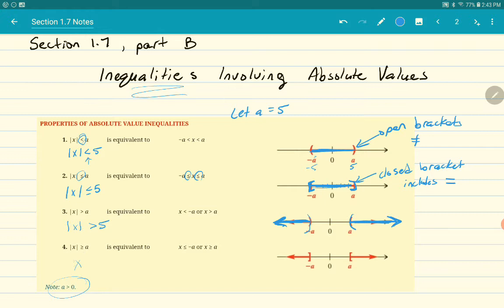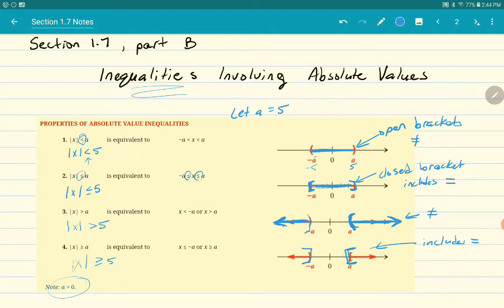And again, with our equal sign, the only thing we change is the closed bracket. So this one includes 5, includes the equal option, and this one does not. My open bracket means not equal, my closed bracket means includes equal.